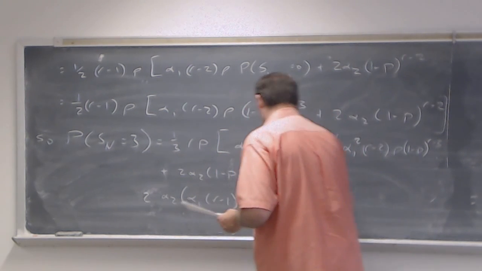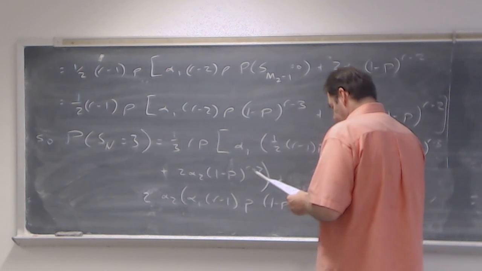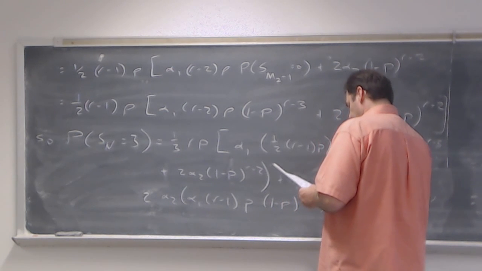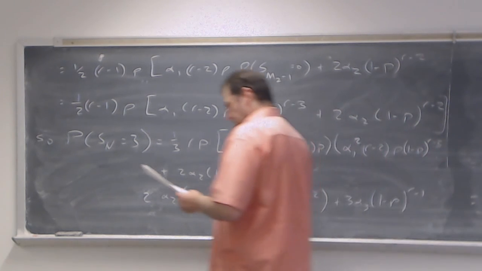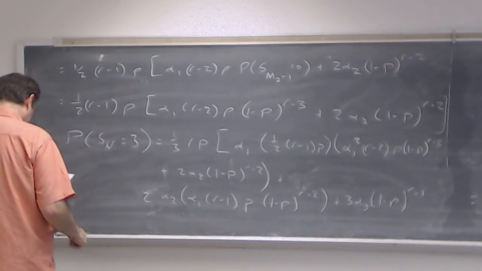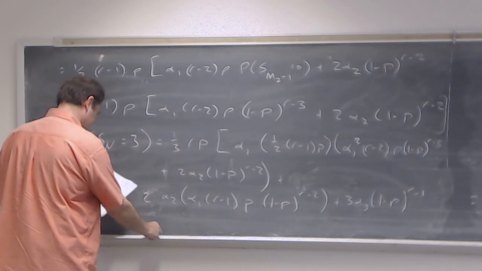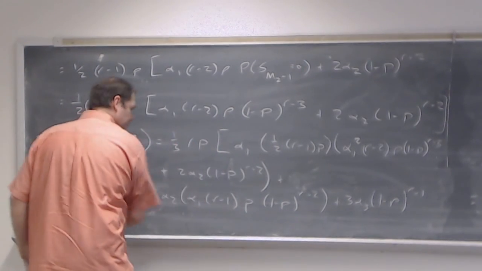That ends that parenthesis, that quantity. And then plus 3 alpha sub 3 times 1 minus p to the r minus 1. And when you keep working with that, here's your final answer. Okay, it's a mess, but this is what it looks like.